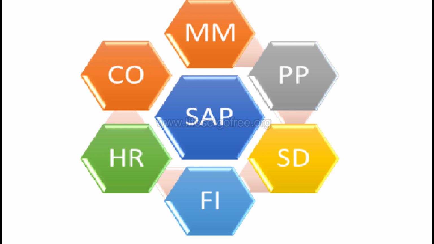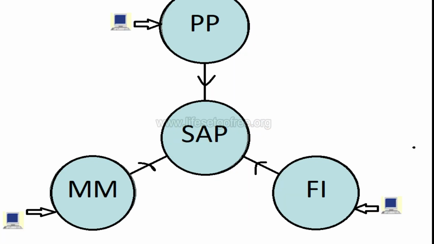If everything is updated at a time in one single package, that is nothing but SAP. That means this SAP has all the modules: material management, human resources, finance department, production unit. These are all coming under it as functional units, that is the products of SAP.